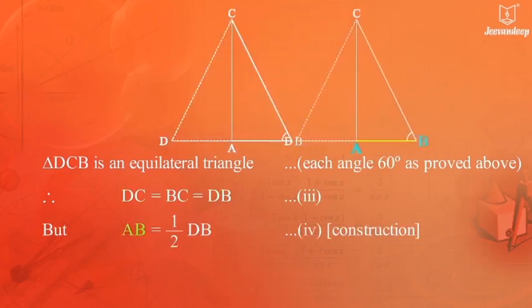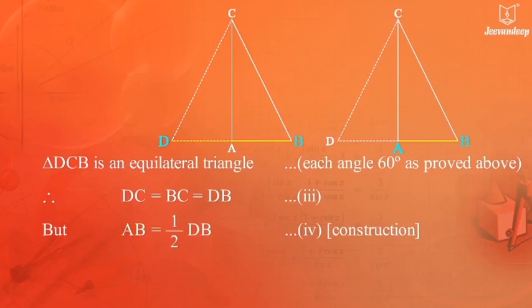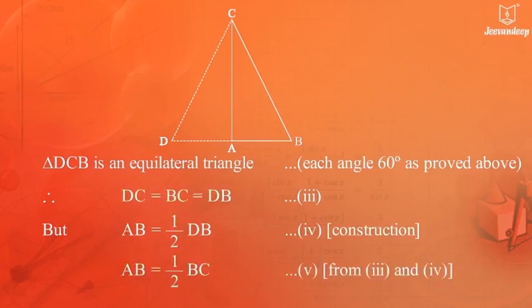But AB equals half DB. Equation 4, by construction. Therefore, from equations 3 and 4, we get AB equals half BC. Equation 5.